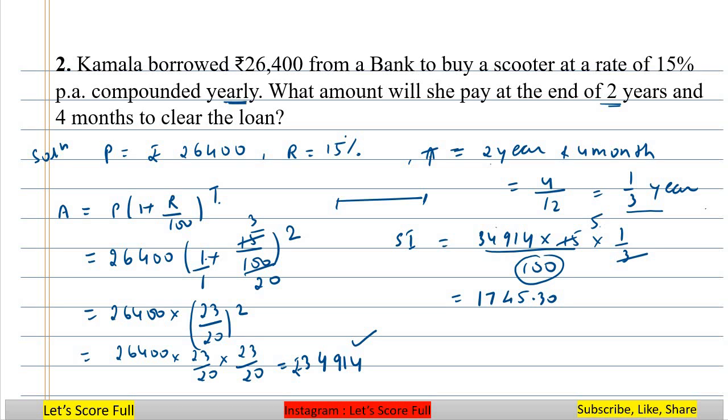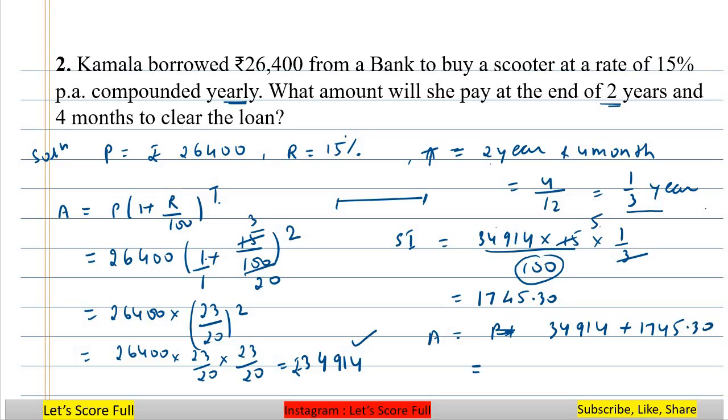So total amount she has to pay after 2 years 4 months is principal plus interest. The amount we got after 2 years is 34,914, and for 1 by 3 years, that is 4 months, is 1745.30.